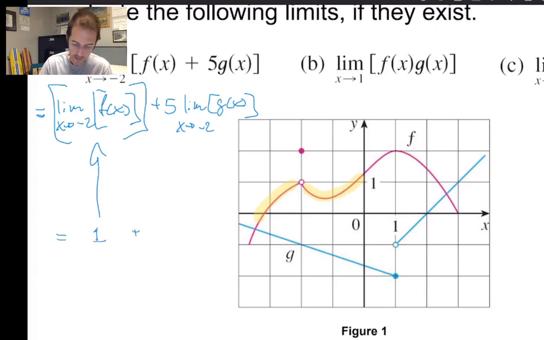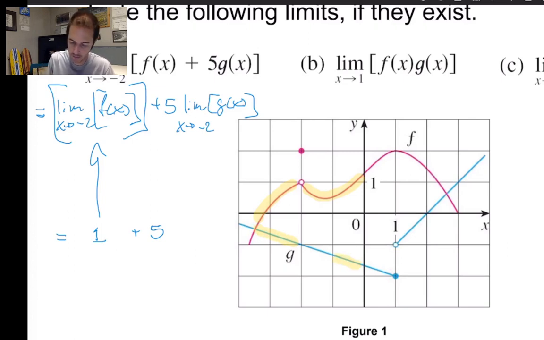And then we'll add that to 5 times, and then we'll look at this blue graph, which is more linear in nature. That is our function g. G is also heading toward a point with an x-coordinate of negative 2. So I'm going to grab my highlighter. I'm going to come in from the left toward this point that has an x-coordinate of negative 2. Looks like it has a y value of negative 1.